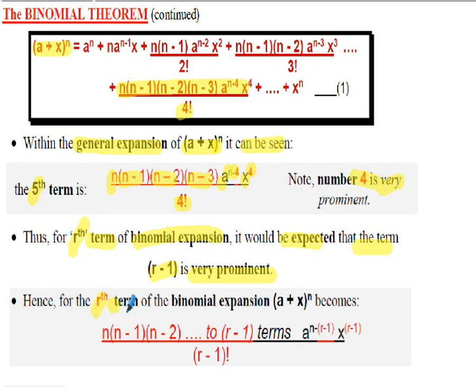So in the rth term of a binomial expansion, a plus x to the power n, we'd have n, n minus 1 in brackets, times on to n minus (r minus 2), and that will be a to the n take away r minus 1, x to the r minus 1 over r minus 1 factorial. That's just a very generic way of saying the above. We'll be using this principle in some of the questions we're going to look at when we just want to find one term in maybe a series that has 11 terms in it.